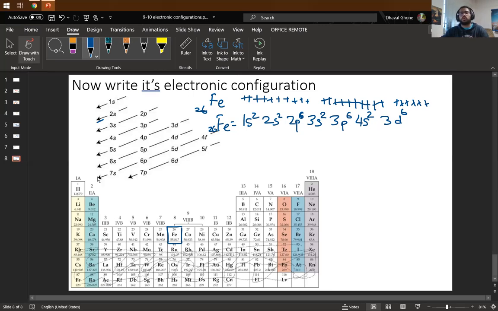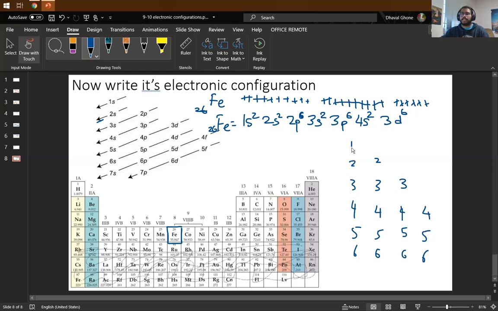So to draw this, you simply write 1, 2, 3, 4, 5, 6, and then you skip 1, and for 2 you write 2 again, 3 again, 4 again, 5 again, 6 again. Then you skip 2, you write 3 again, 4 again, 5 again, and 6 again. You skip 3, you write 4, 5, and 6.